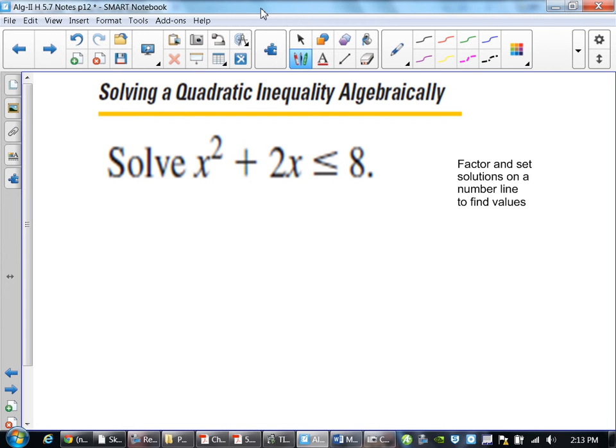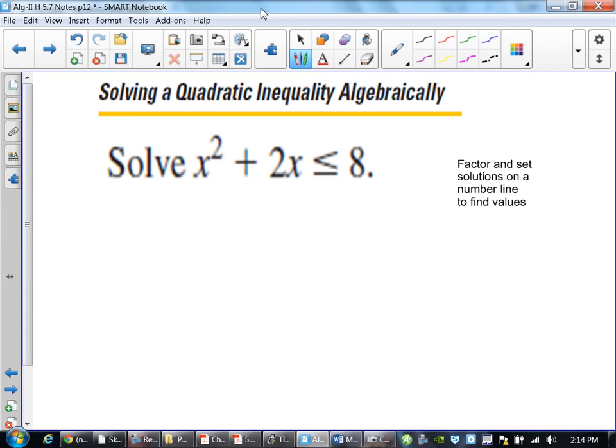Today we're going to set it as an inequality to some number. So all you have to do is factor and solve, and then put something on a number line to look for where our overlaps occur. Very, very easy to work with.